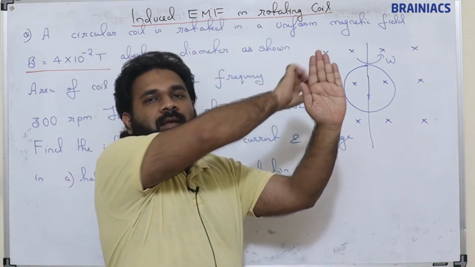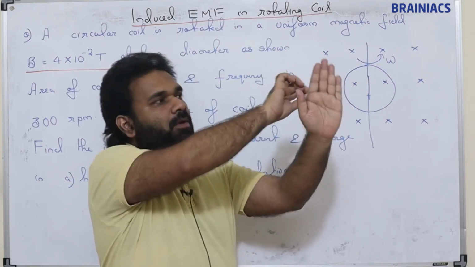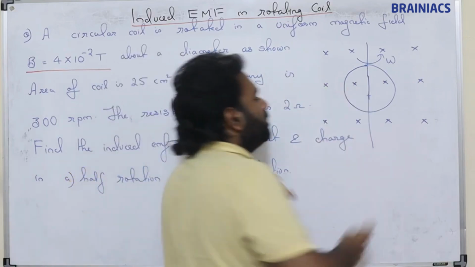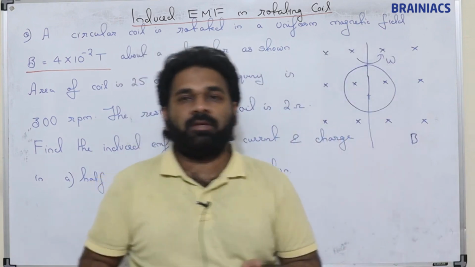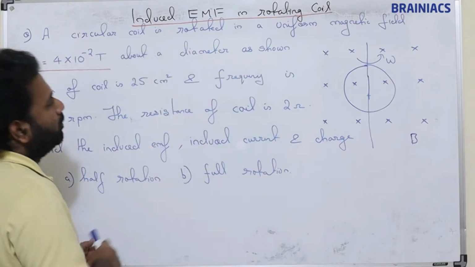If we consider the area vector going inside, and the magnetic field also going inside, then phi equal to B dot A is not zero. This is how the coil is.